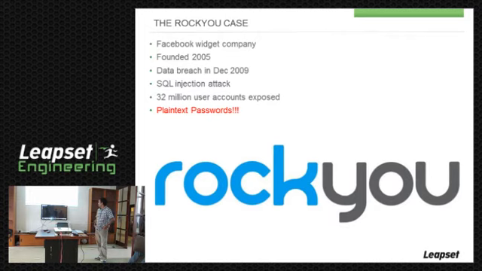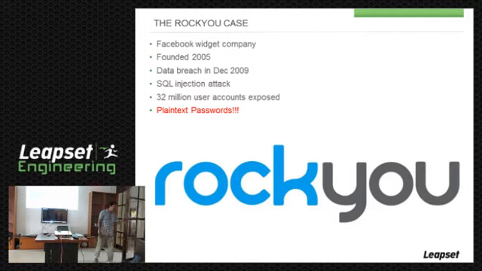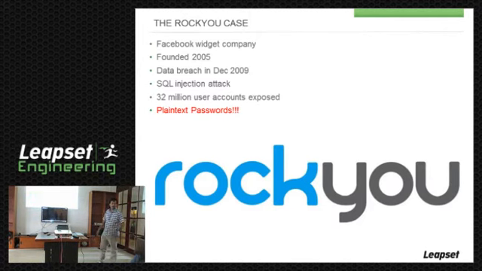Later, people found out that the person who hacked this database publicly posted the entire user list with the passwords. It was found that they were storing passwords in the database in plain text, instead of hashing. 32 million users, and they were storing passwords in plain text. RockU, that's the company.